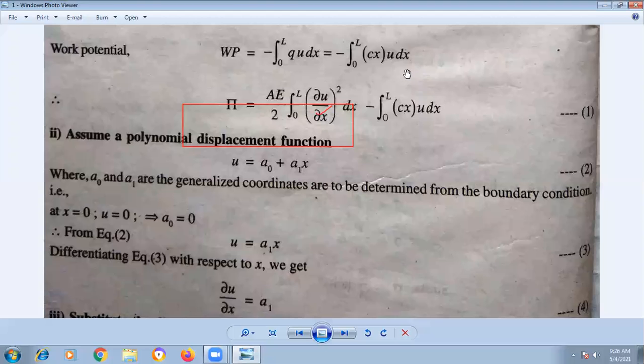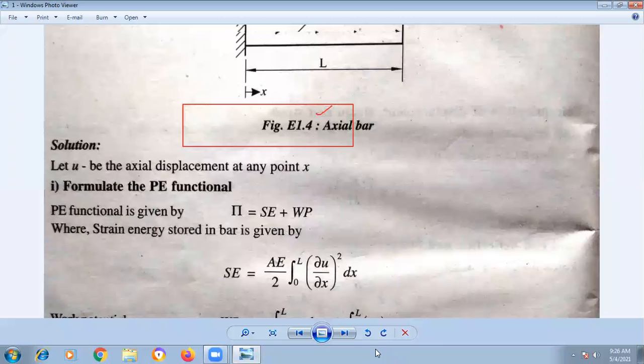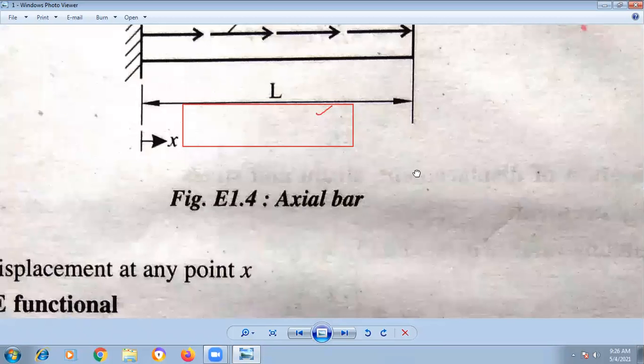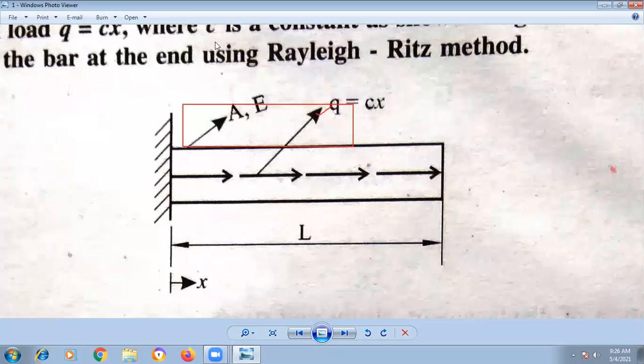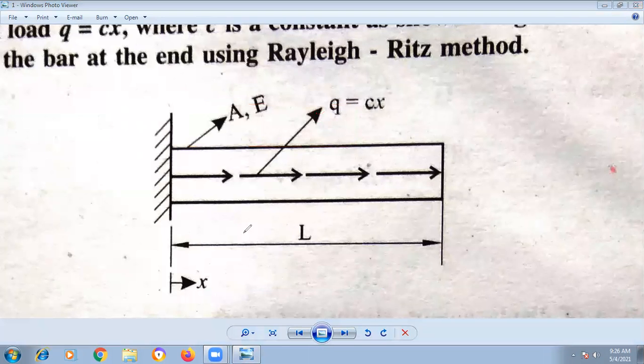Now, once we have assumed this, we have to find out A0 and A1 from this. So for that, we have to apply the boundary conditions. From the figure, it is clear that two boundary conditions are possible. The displacement u is equal to 0 at x equal to 0. This is one condition we know.